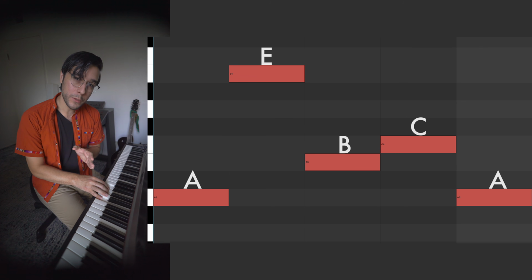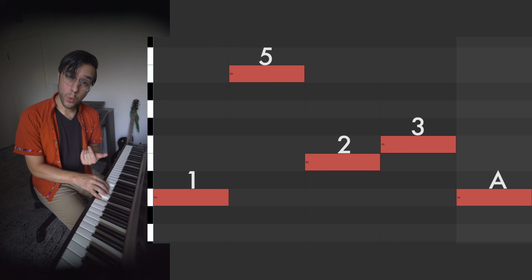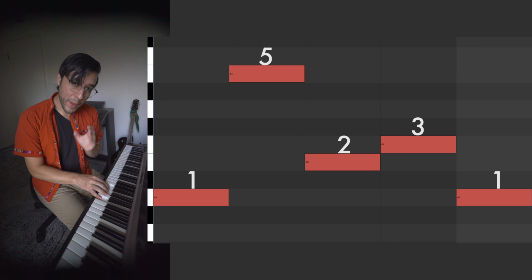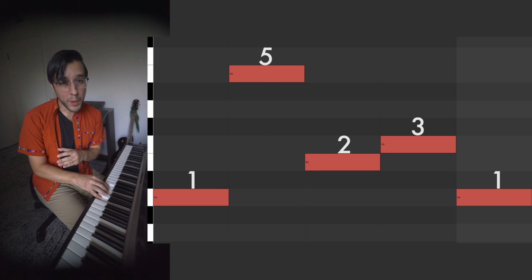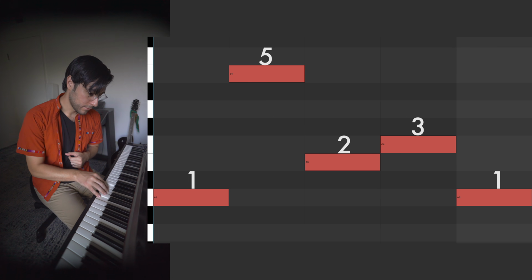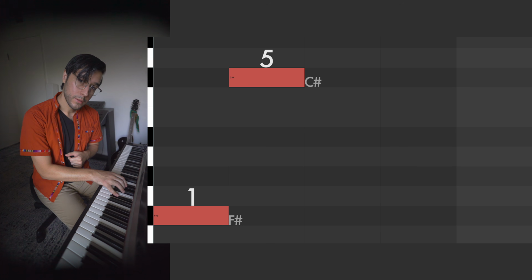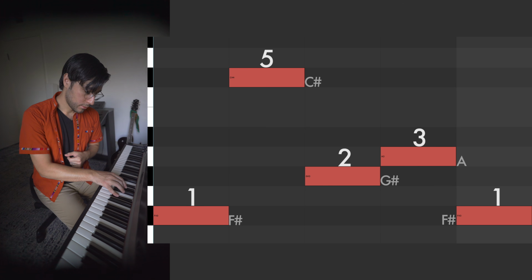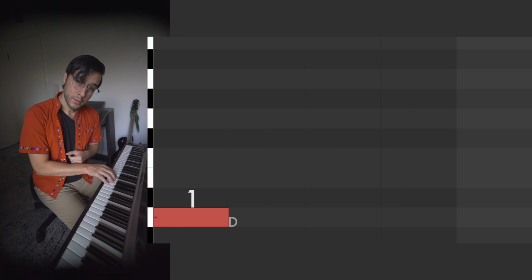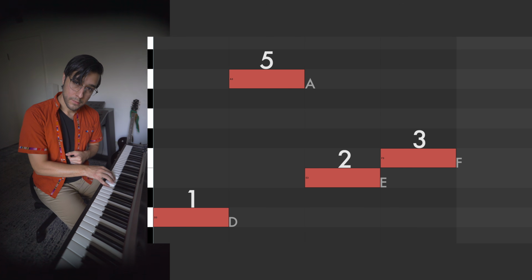If I can conceptualize this idea as numbers, as 1, 5, 2, 3, 1, I can now pack this idea up and unpack it in any other key. I'm just thinking 1, 5, 2, 3, 1.